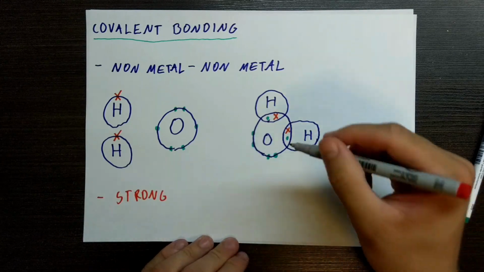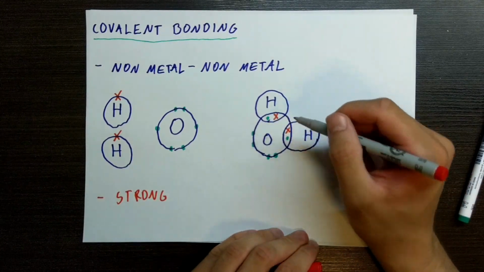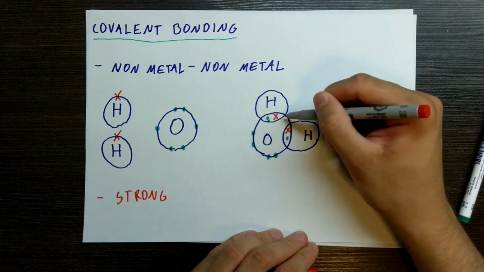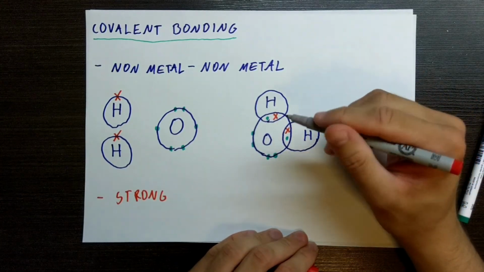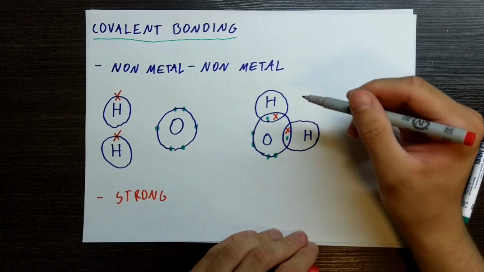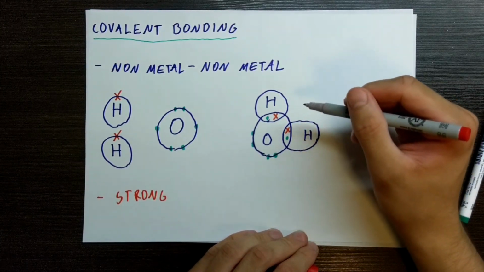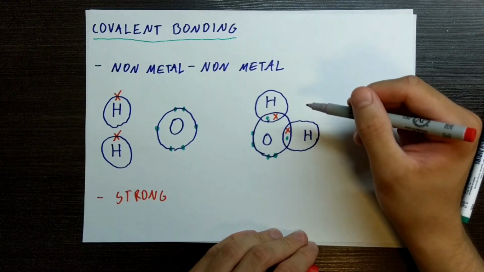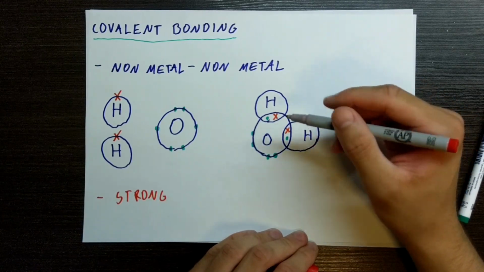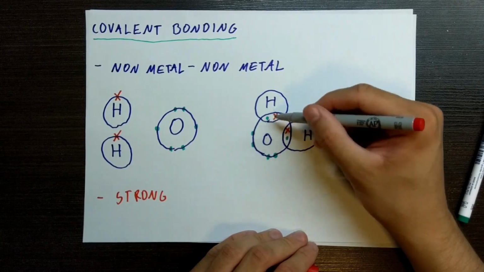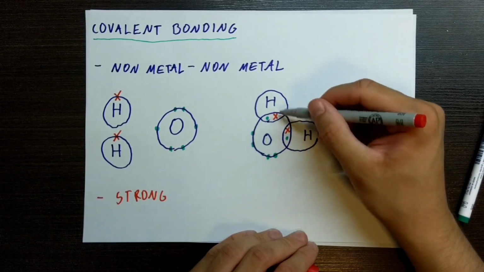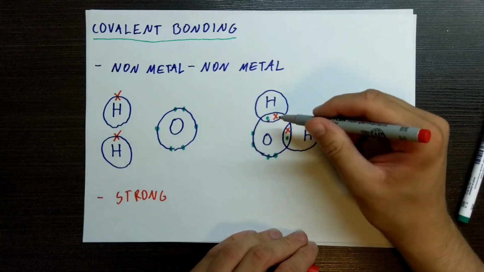And another thing to mention is that the more pairs we share, the more bonds there are, right? So, as you know, some molecules could have double bonds. Here we have a single bond, because 1 pair is shared. If we had 2 pairs shared, we would have a double bond.